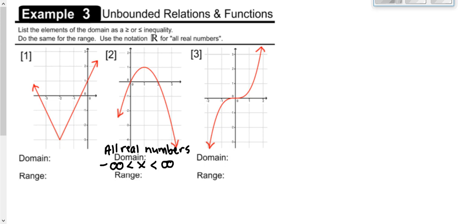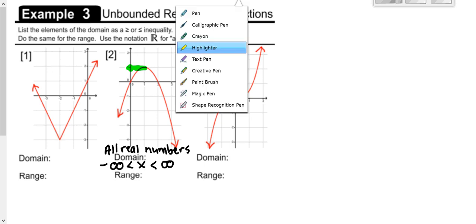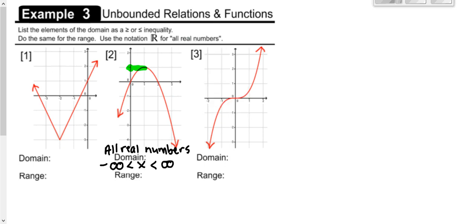Okay, so now let's look at the range of my function. So you can see that I don't have a clear least value in my range, but I do have a clear max value in my range, and that is 1. So again, there's a couple of ways that you may see or write the range for this function.